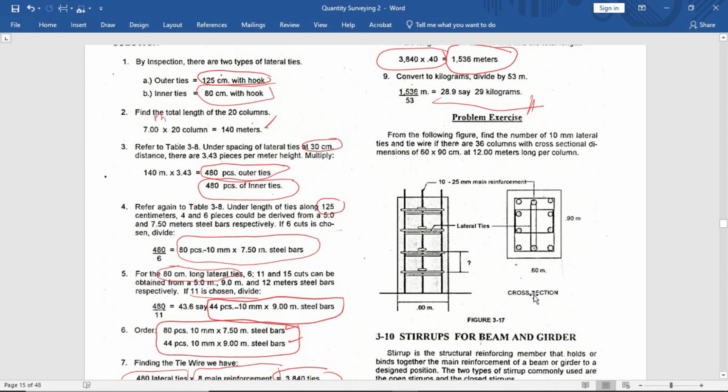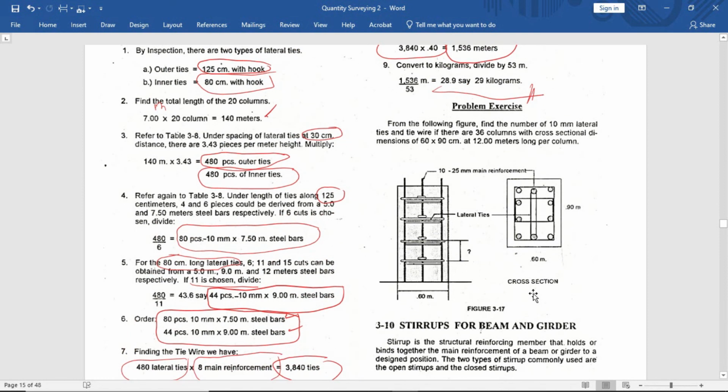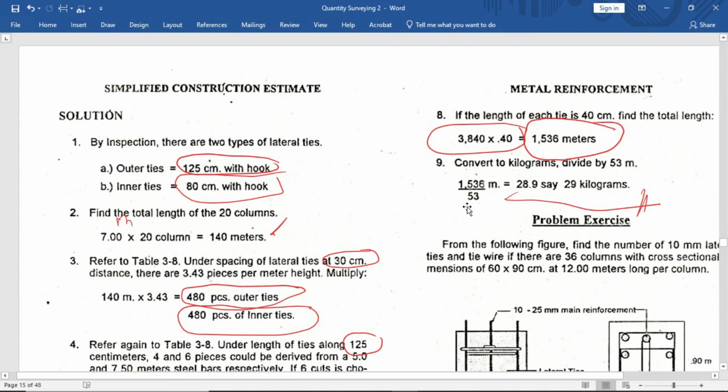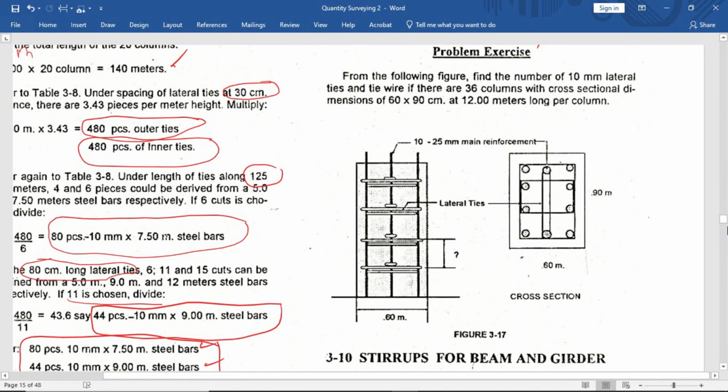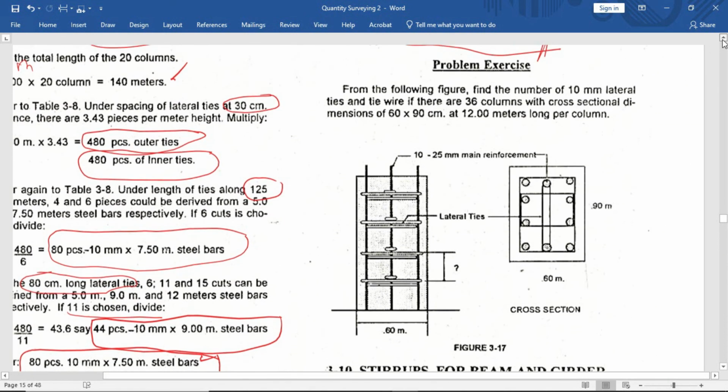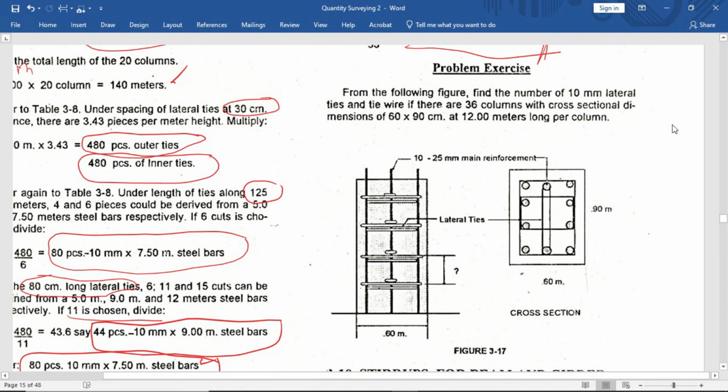Next naman natin is stirrups for beams and girders. Mayroon tayong problem exercise dito. Zoom in ko lang para makita nyo. 0.9, 0.6.